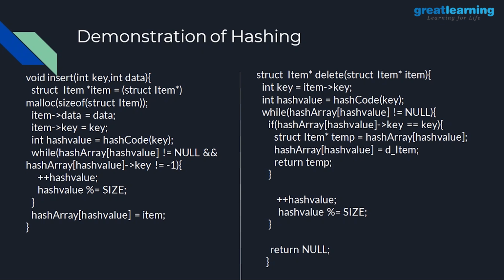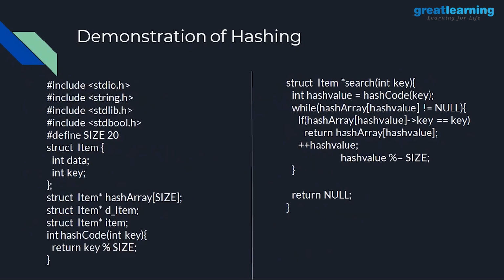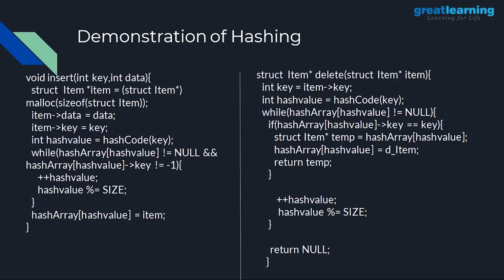With the help of the key, we will check if this key and the key which we got are similar, then we will define a temporary pointer, wherein we store the element which we have to delete, and then we return that element so that it can be printed that we have deleted this element. In such a way we will define our insertion function and deletion function, and earlier what we studied was how we search for an element in the hash table. So in this way we have implemented all three functions: search, delete and insert.